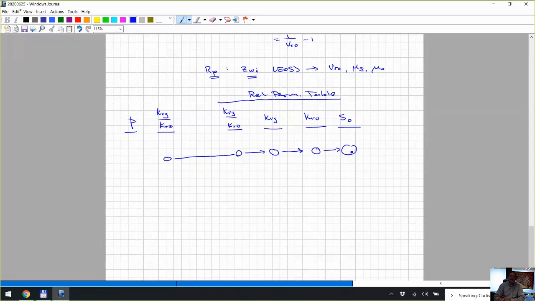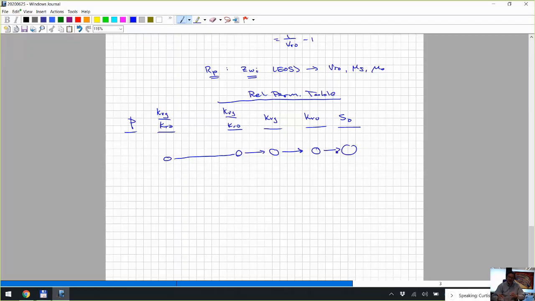That oil saturation has nothing to do with VRO. Nothing. If there was no water saturation in the core, then VRO would be the same as oil saturation, if there was no water in the system, just to make it easy.